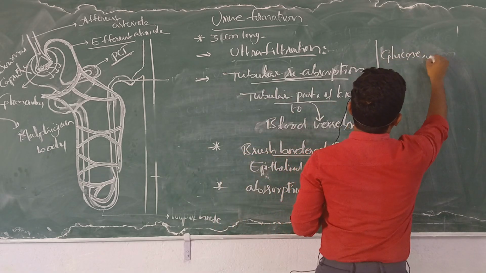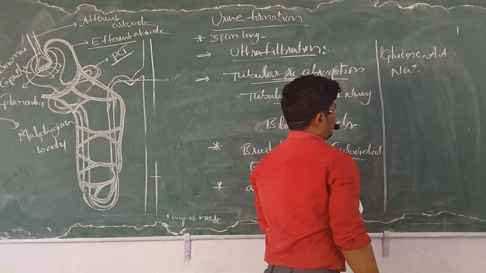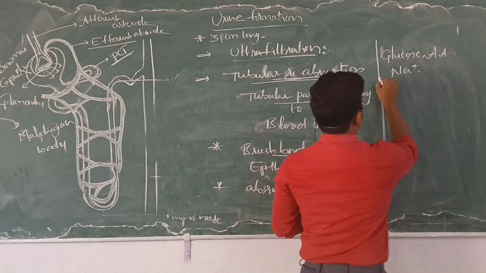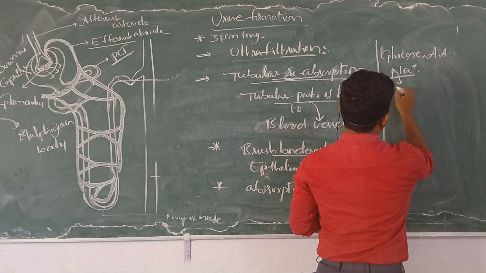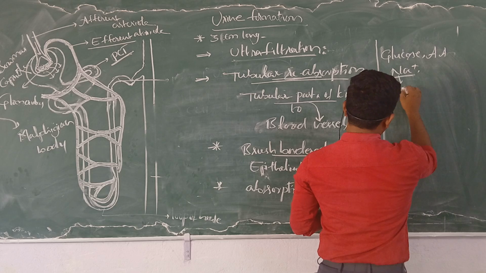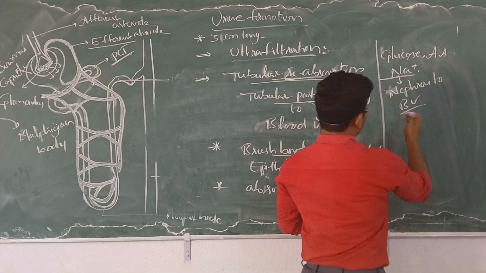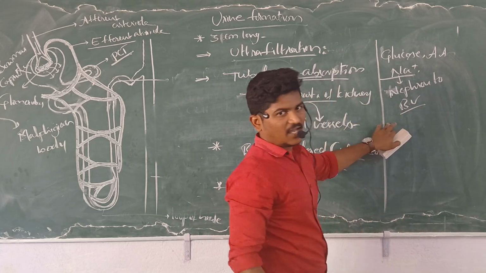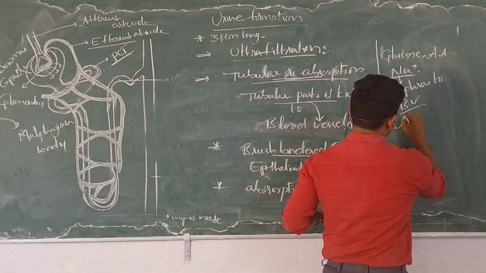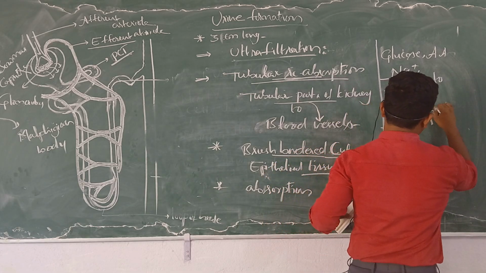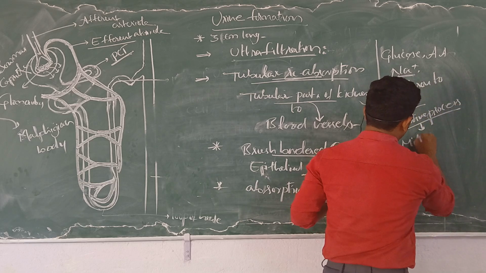Glucose, amino acids, sodium, and a few kinds of lipids. Reabsorbed means, as we discussed, from nephron to blood vessels. But how are they entering? They enter through an active process. If it's an active process, it requires mitochondria.